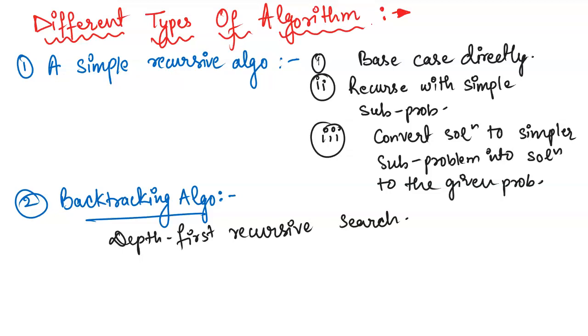Basically, in the backtracking method, we will test to see if a solution has been found, and if so, we will return it. Otherwise, for each choice that can be made at this point.